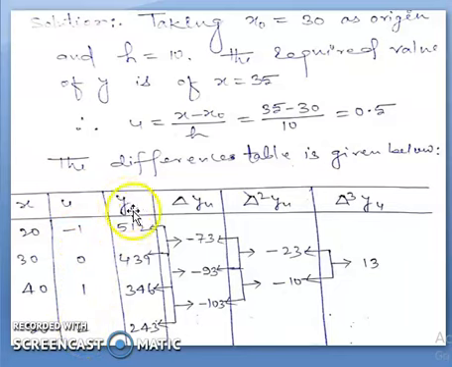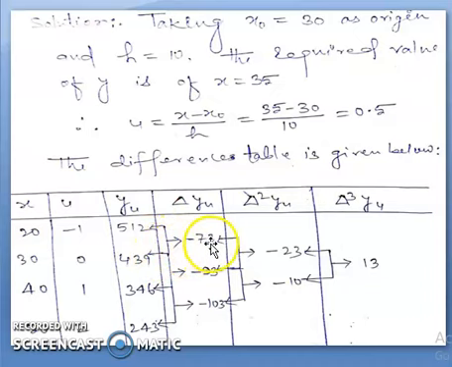Now y of u means 512, 439, 346, 243. Now del of y of u means the difference between these two values.